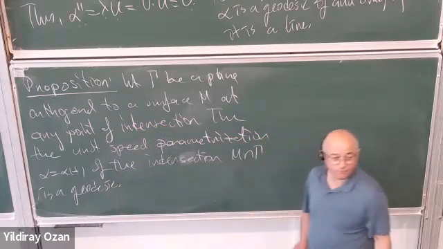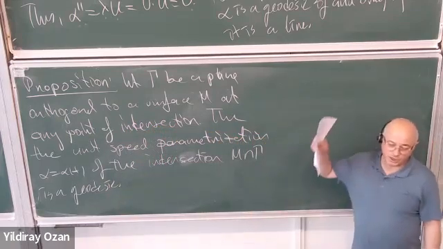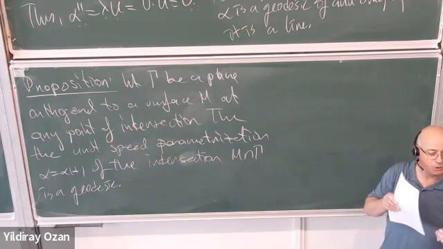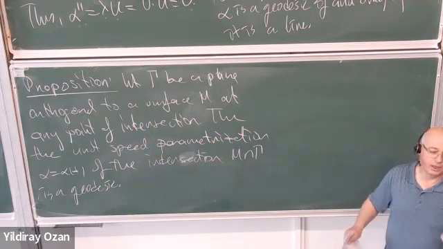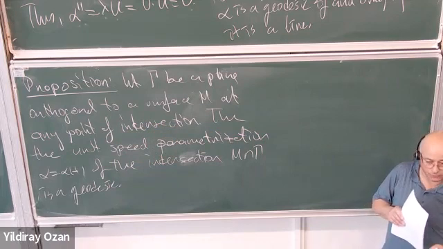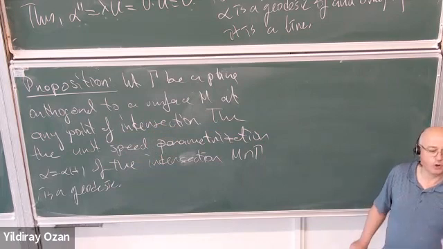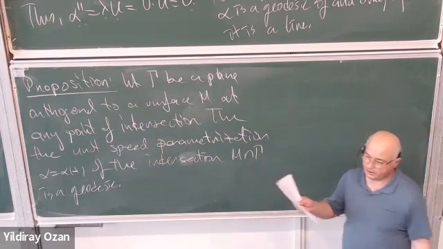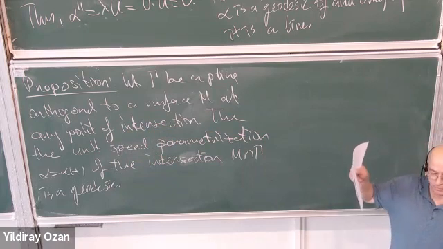So if you can find a plane which cuts your surface so that at every point of intersection the plane is perpendicular to the surface, then the intersection curve is a geodesic, okay? For spheres, this is something we already know, right?